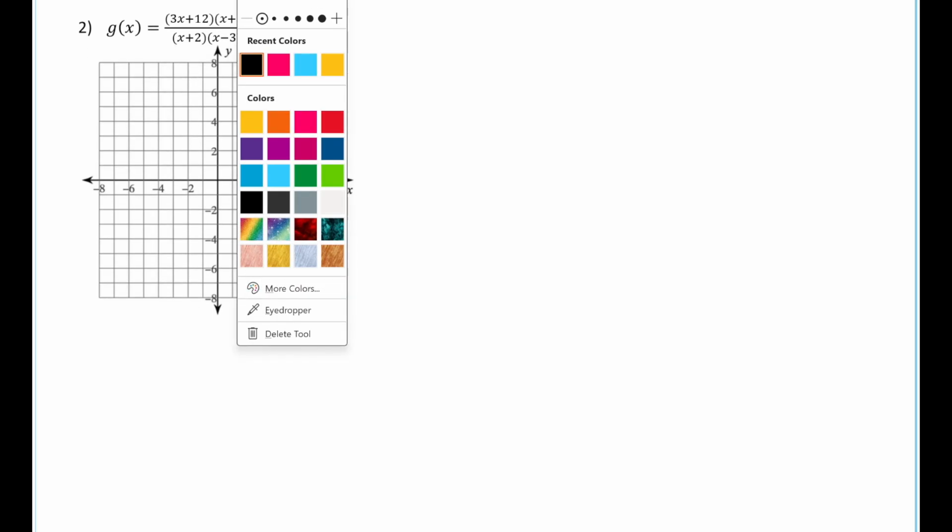Let's do another one. Okay. The first thing I'm going to do is see that this is factored, which is great, and we can even reduce it. I have x plus 2 over x plus 2. Okay, so I have 3x plus 12 over x minus 3.